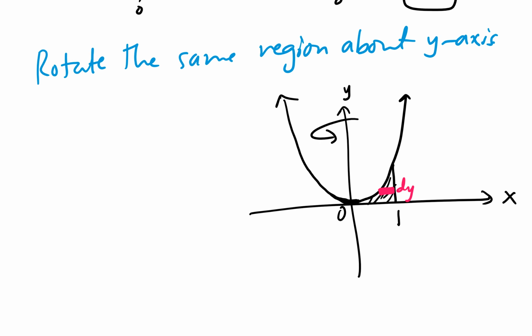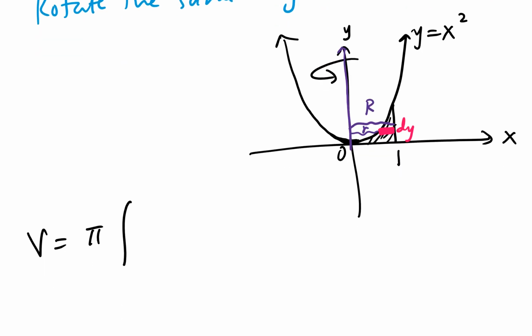Washer method said, to set that up, you go volume, pi, integral. Watch how we set this up. This is the axis of revolution and the rectangle. The further one we call the outer radius, and this one is the inner radius. So how do I find what capital R is?